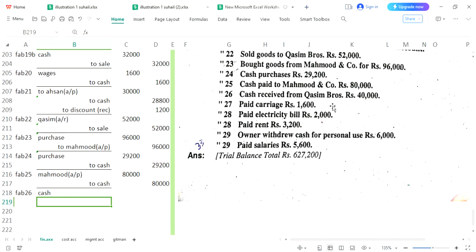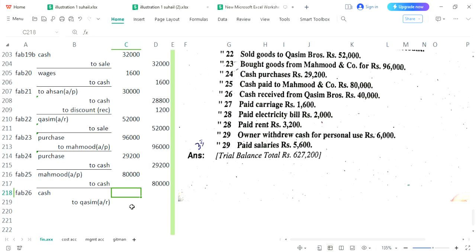So you are going to credit Qasim in spite of the fact that he was your asset. Assets should be mentioned on the credit side and now you are putting it on the opposite side, credit. Why? Because he is now no more your account receivable. Assets are decreasing, and a decrease in assets should be mentioned on the credit side. That is why we have written Qasim on the opposite credit side.